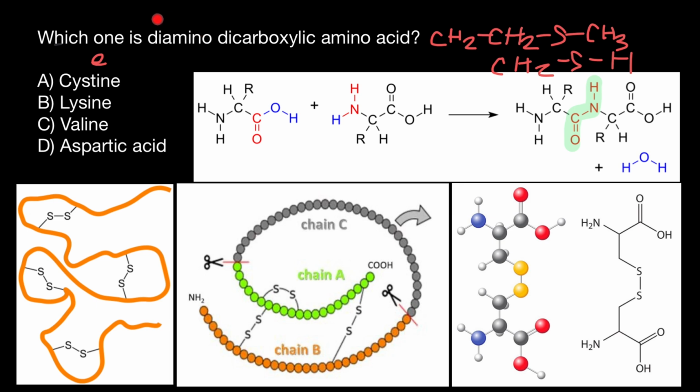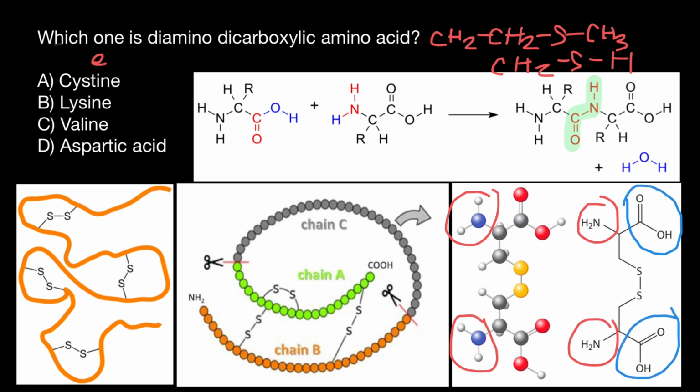It is diamino because it has two amino groups. Take a look, an amino group here and another amino group here, and two carboxylic acid groups. So it is here and here, and on this diagram here and here.